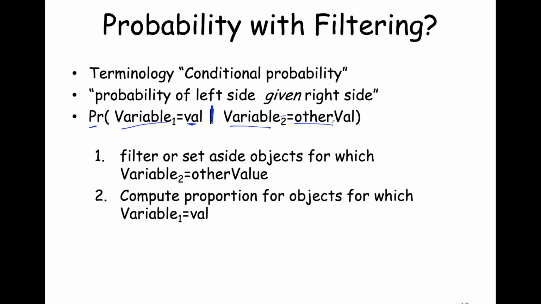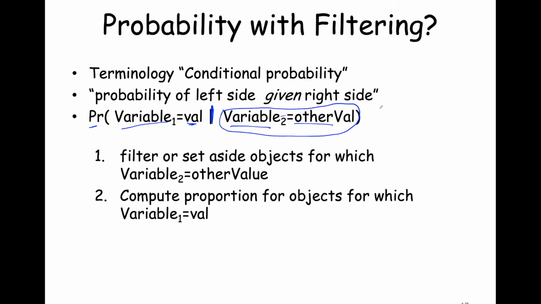So the semantics or behavior of a conditional probability is this kind of filtering or setting aside of objects that you consider for all of those measurements associated with this expression on the right-hand side of the condition bar. For all those objects for which that condition, that variable equaling some value, is true, you're going to set them aside.